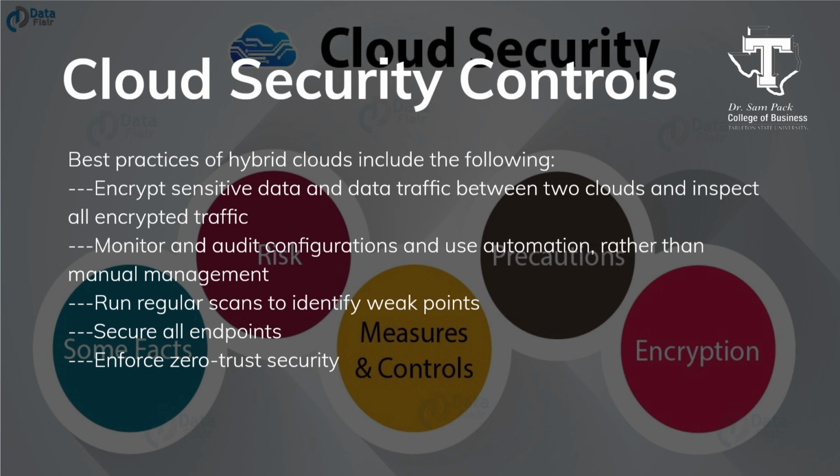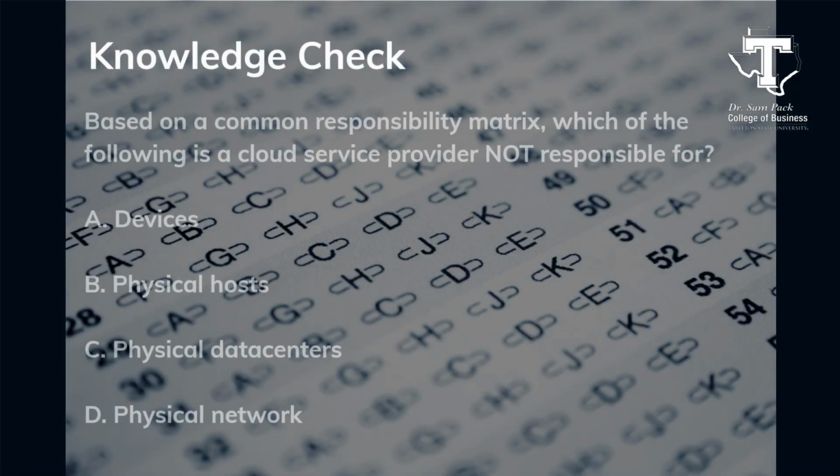Run regular scans. Perform routine scans to identify and address vulnerabilities within your cloud infrastructure. Secure endpoints. Protect all endpoints to prevent unauthorized access and potential threats. Enforce zero-trust security. Implement a zero-trust security model, where no entity is trusted by default, regardless of its location within or outside the network.